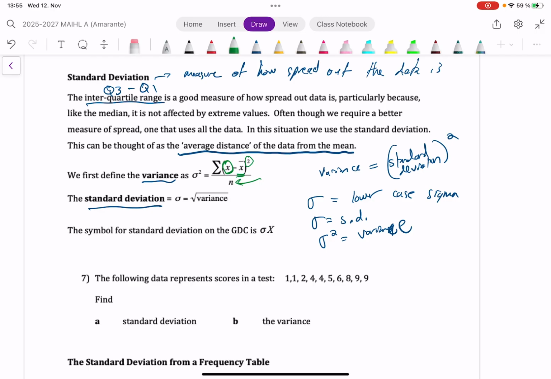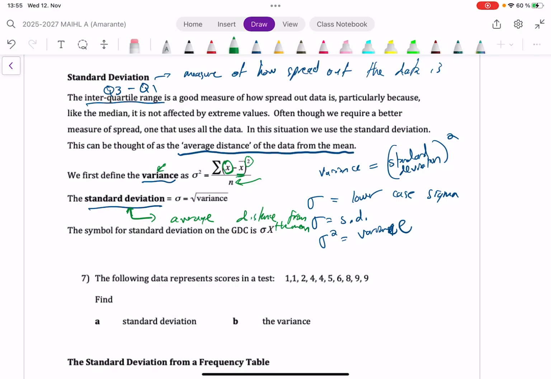And then it's dividing it by the total number of points that there are. So it's finding the average distance from the mean. And the variance is finding the average squared difference. But the standard deviation is the square root of that. So it's the average distance, right? So standard deviation is your average distance from the mean.